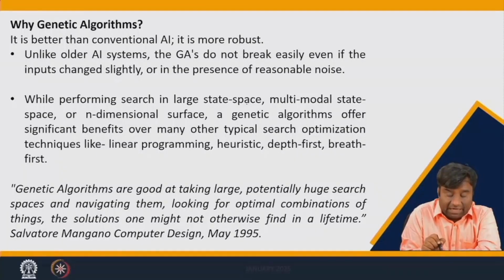While performing search in large state space, multimodal state space, or n-dimensional surface, genetic algorithms offer significant benefits over many other typical search optimization techniques like linear programming, heuristic, depth first, breadth first, etc. Genetic algorithms are good at taking large, potentially huge search spaces and navigating them, looking for optimal combinations of things, the solution one might not otherwise find in a lifetime.